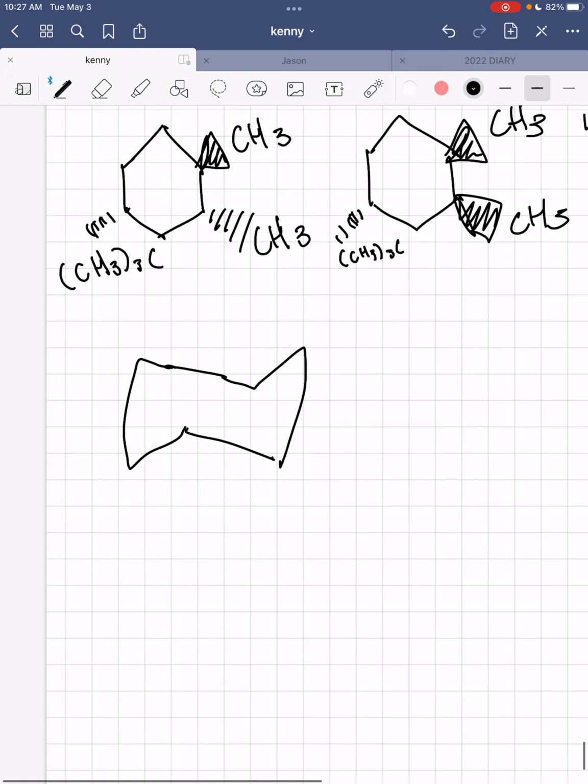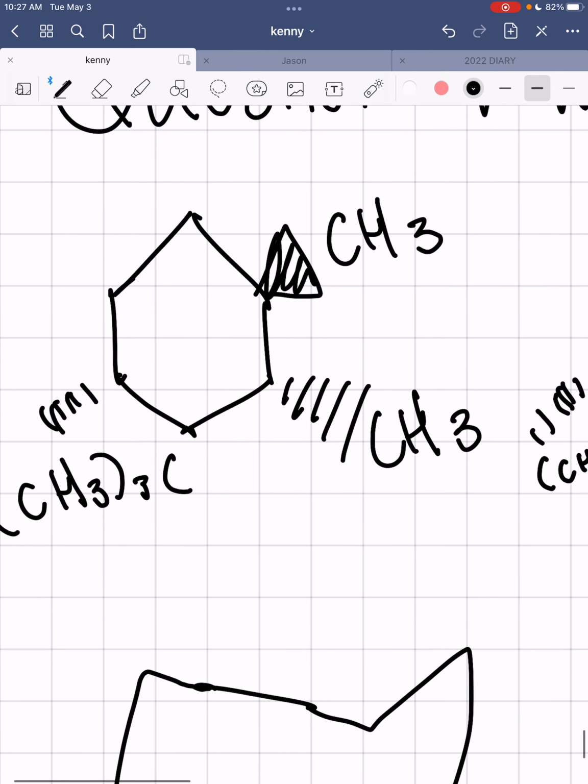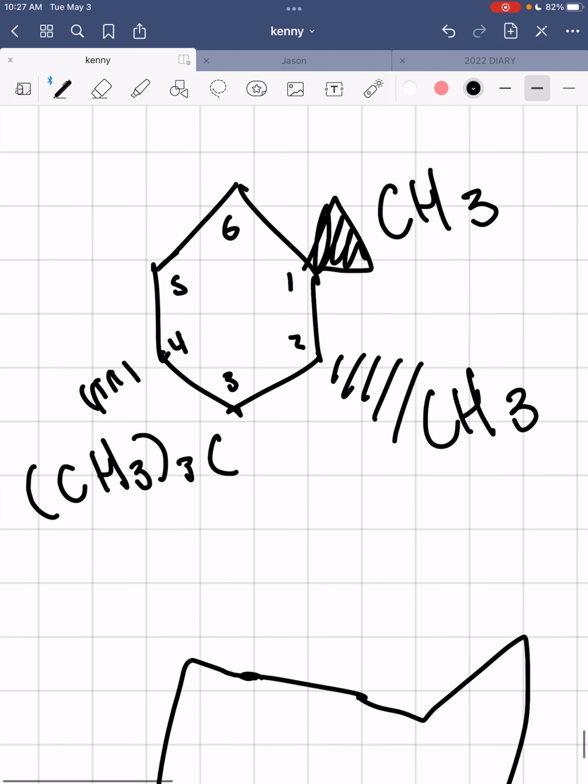So the first thing we need to do is label our numbering, starting at the first point of difference. There's a bunch of different naming systems.